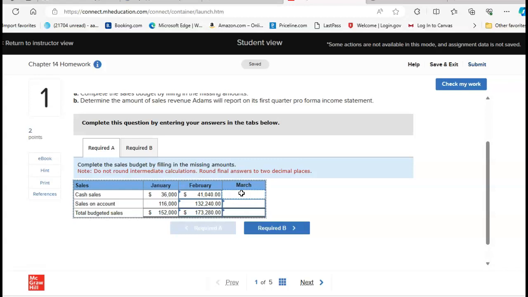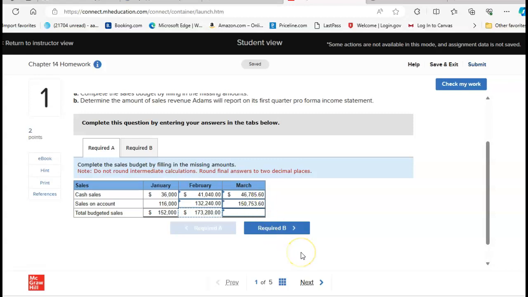So for our cash sales, we'll take 41,040 times 1.14. And let's see, say for your final answer to 2 decimals. So that gave me 46,785.60, because we are dealing with dollars and cents. And then for your on account sales, 132,240 times 1.14, that equals 150,753.60.